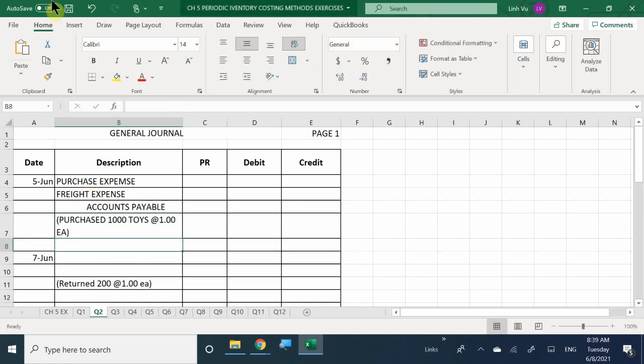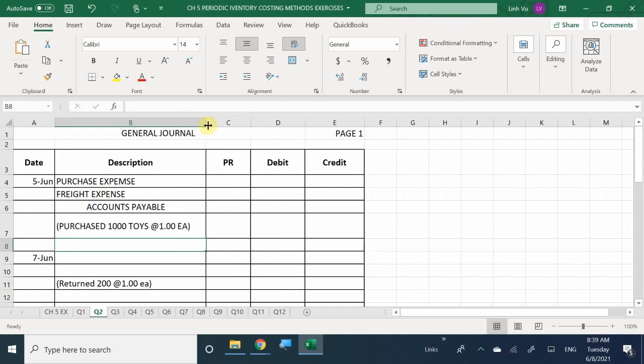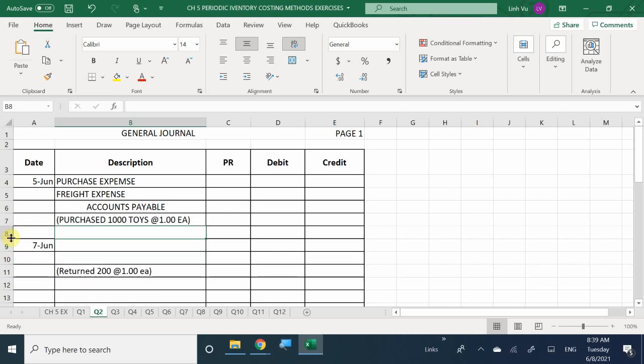Okay? So, if I'm making a purchase returns and allowances, what kind of account is a purchase returns and allowances?